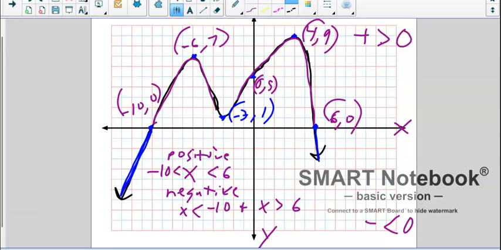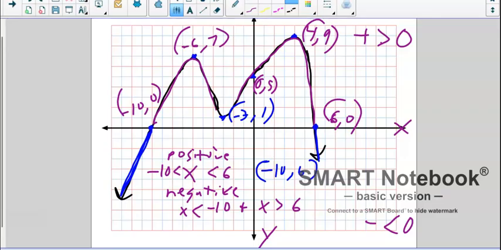Now that's set notation. If we wanted to put it in interval notation, then it's between, and we use parentheses, negative 10 and 6. The reason we use parentheses is because at negative 10, as I just pointed out, it's not positive or negative. And at 6, 0, it's not positive or negative.